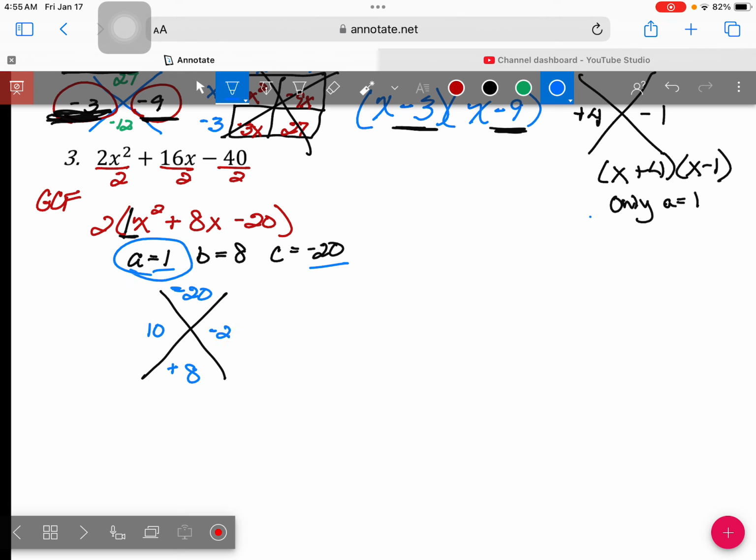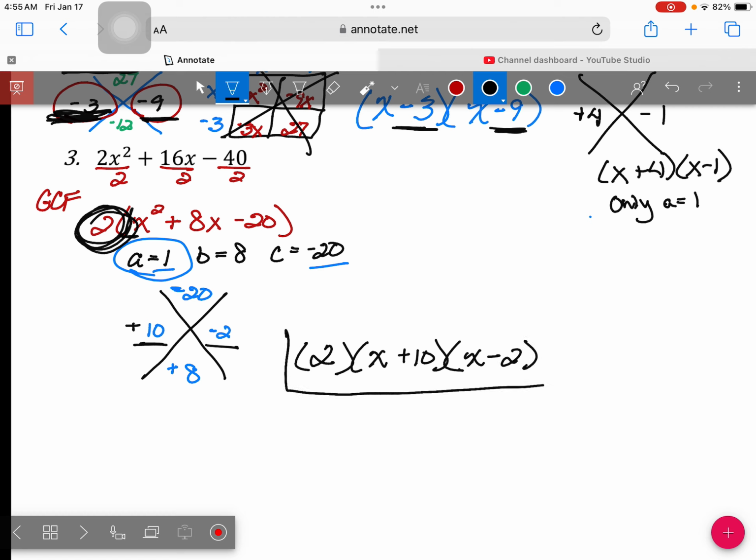And because A is equal to 1 here, I can rewrite this as the first common factor that I found, 2, times x plus 10, and x minus 2. And that saves you the time in doing the x box.